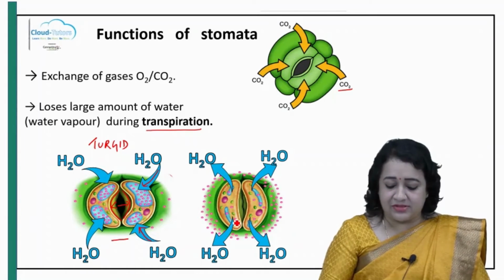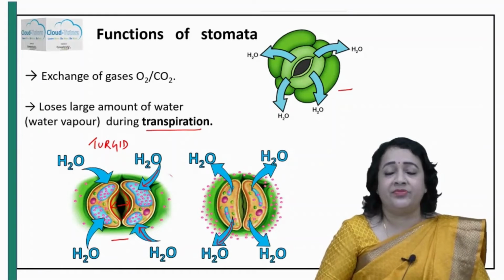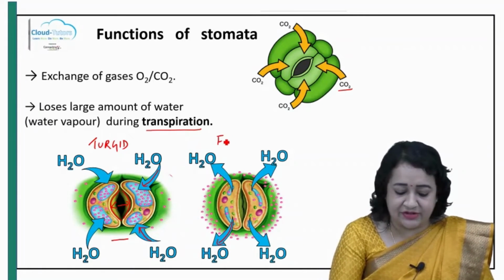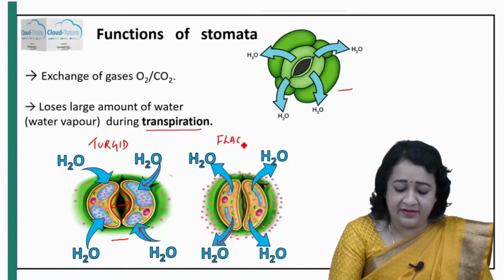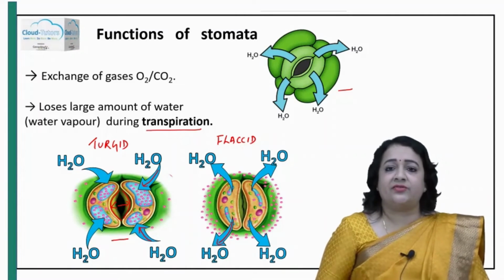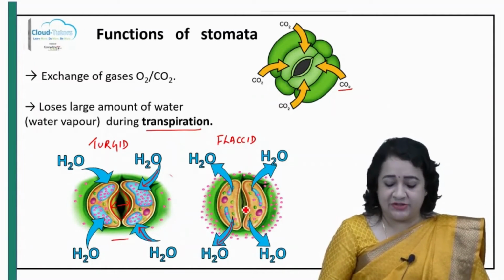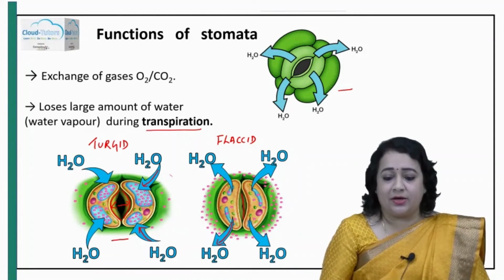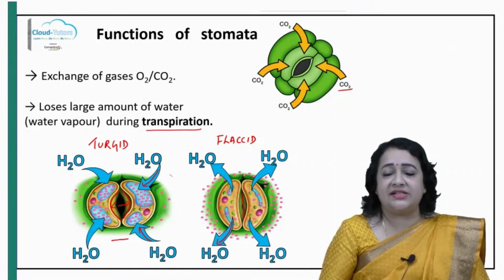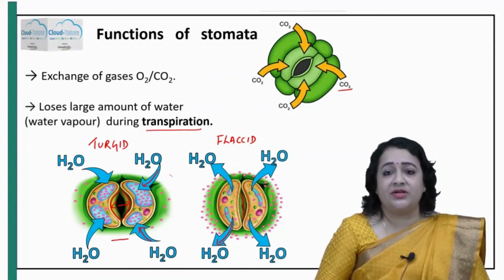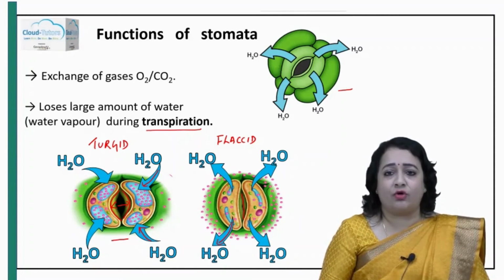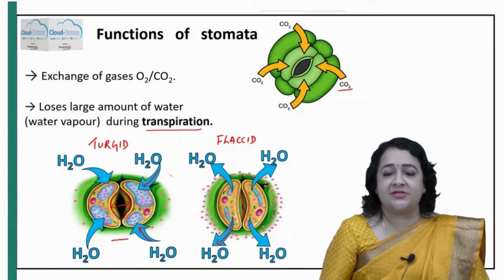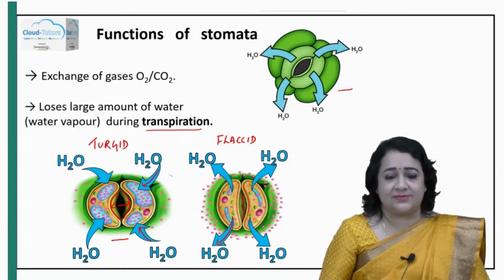Whereas what happens when the guard cell loses water? When water is lost from the guard cell, there is a flaccid condition here. Guard cells are in a flaccid condition. When guard cells are flaccid, the membrane here comes together, closing the stomatal pore, and we say that the stomata is closed. So the concentration of water present inside the guard cell determines if the stomata is open or closed.